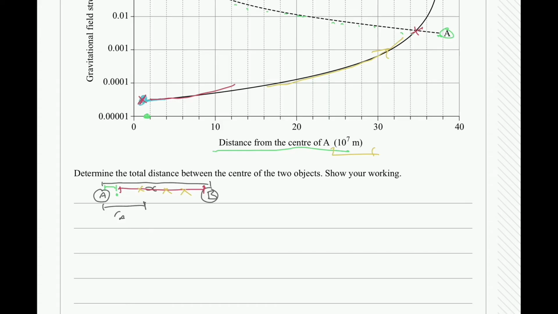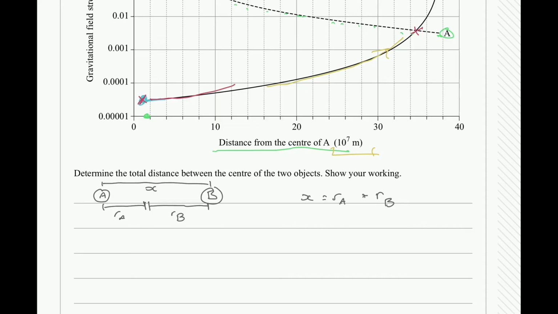So we're trying to figure out, I'm going to get rid of these lines now, other than the gray, we're trying to figure out x, the distance between these 2. But we have no idea what x is equal to. So what we do know is x is going to be equal to RA, whatever RA is, plus RB.